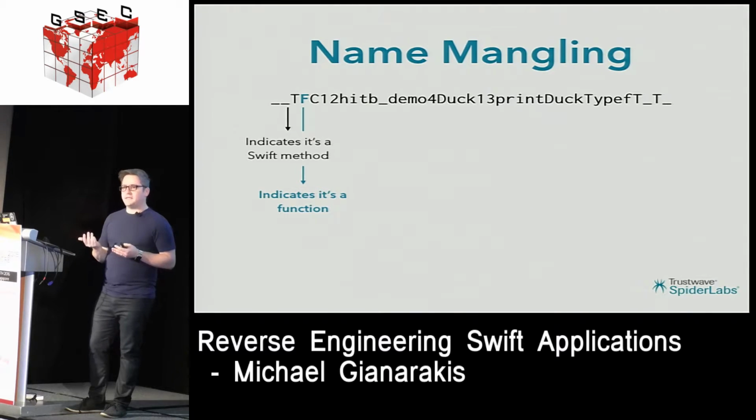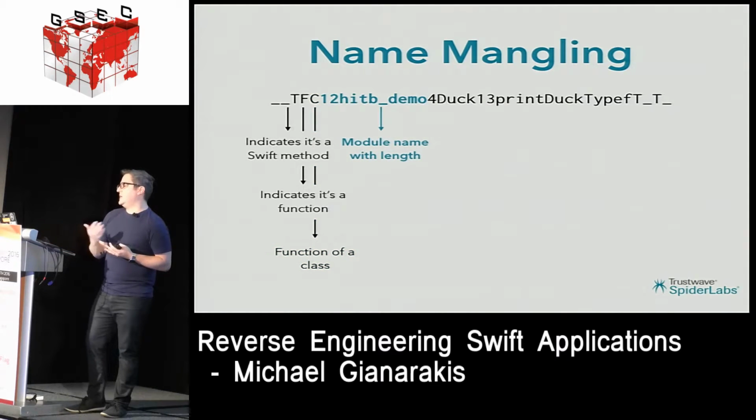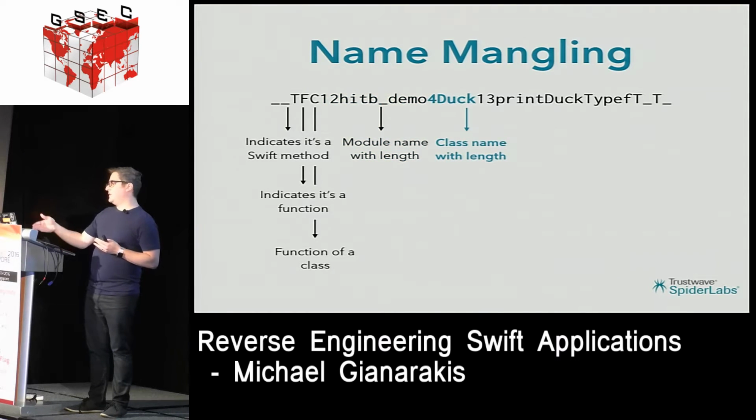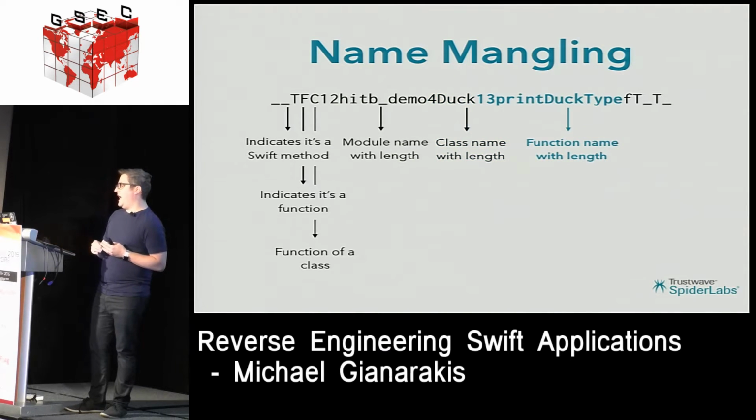The F indicates that it's a function. The C indicates that it's a function of a class. Pretty straightforward. Then you have the module name prefixed with the length of that module name. The class name prefixed with the length. And the function name also prefixed with the length.